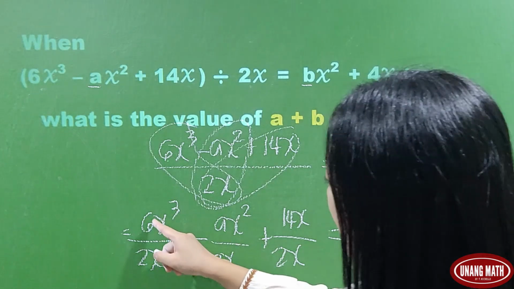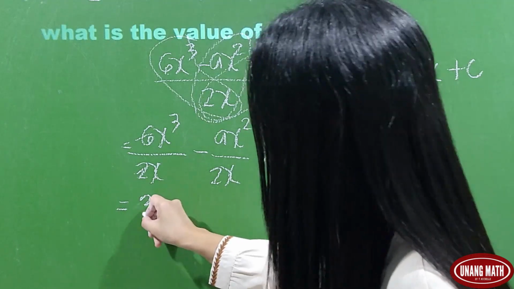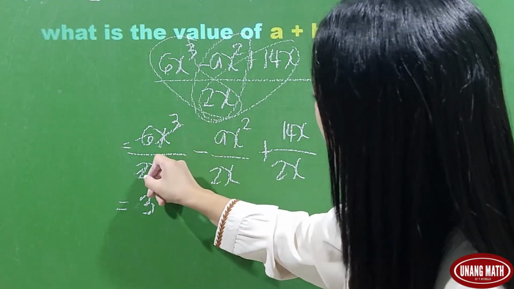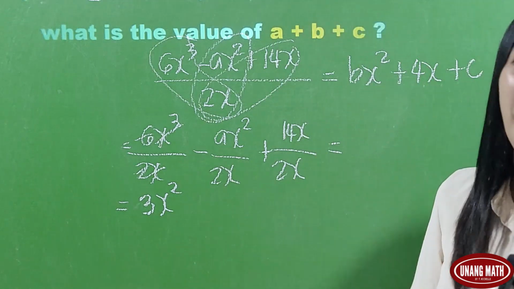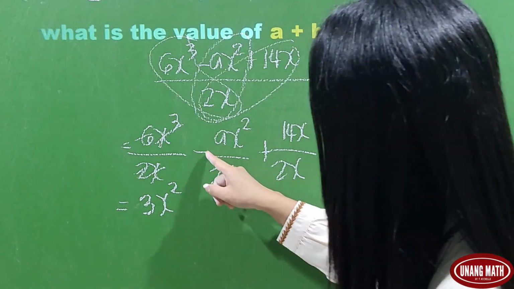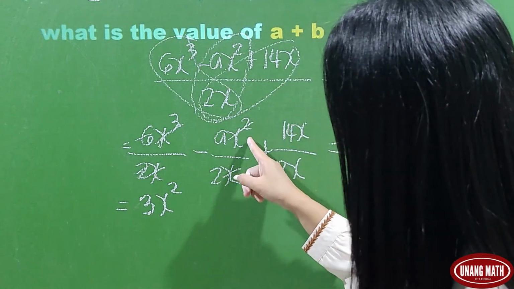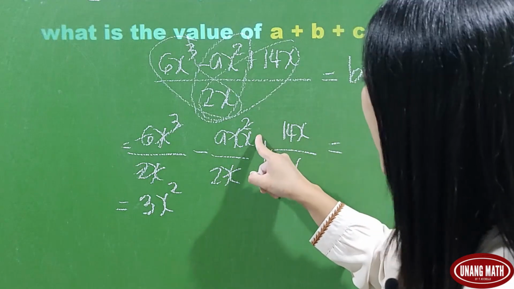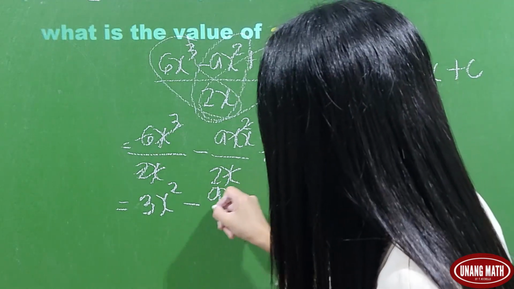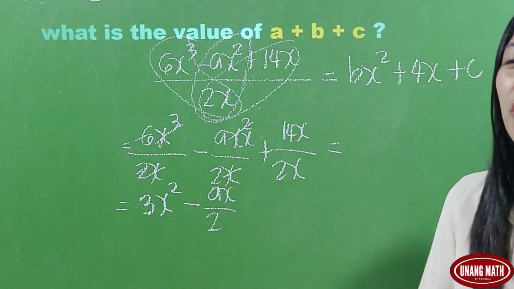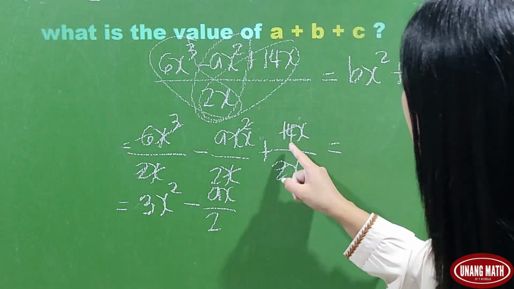Okay, now let's simplify. 6 divided by 2, then that's equal to 3. X cubed divided by x is x raised to the power of 2. Okay, what about here? X squared and x, if we will simplify, then this becomes x. So we have here minus ax over 2. Okay, what about here? 14 divided by 2, then this becomes 7.